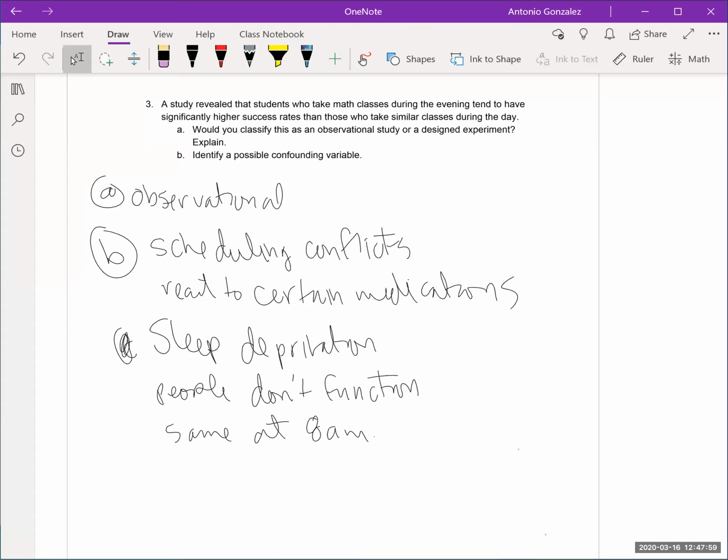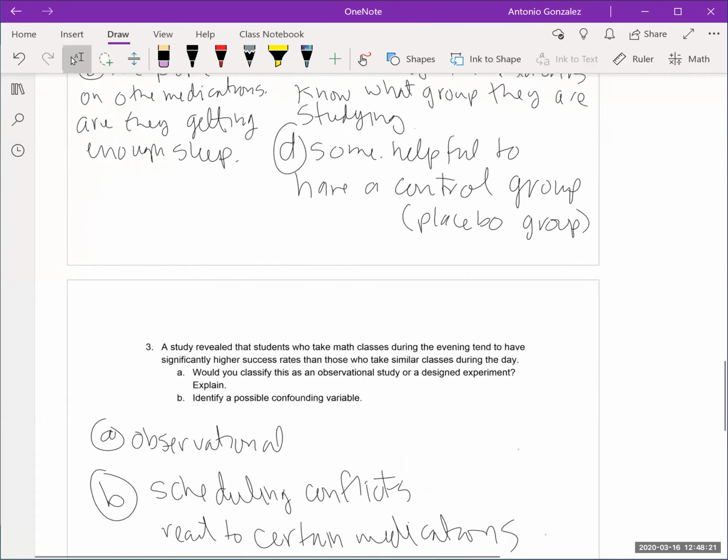Now, in our next section, once we have conducted an experiment, what do we do with our data? How do I present it? How am I able to make some conclusions from it? Okay, so I'm going to move on to the next set of notes here.